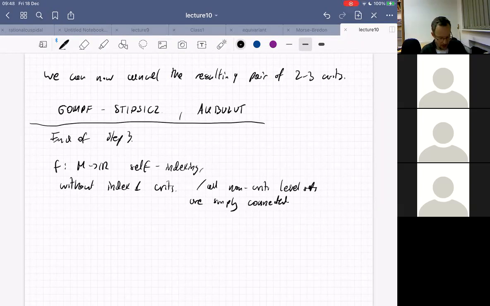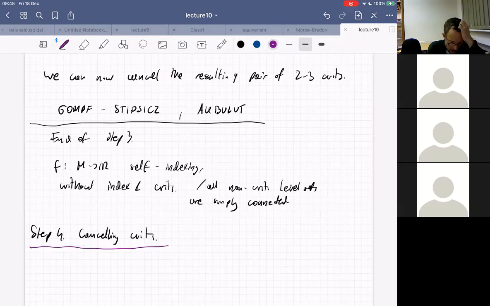We pass to step 4, canceling critical points. And canceling uses the approach that I sketched during the last lecture.